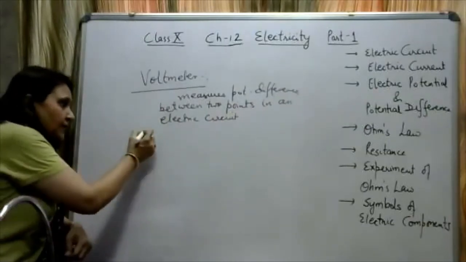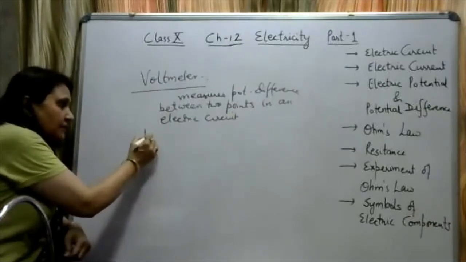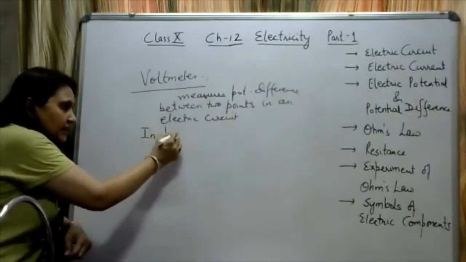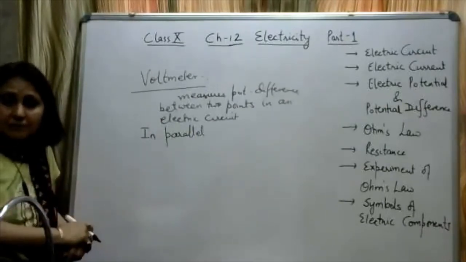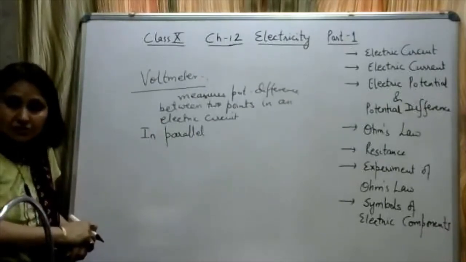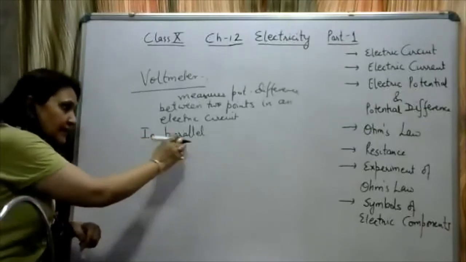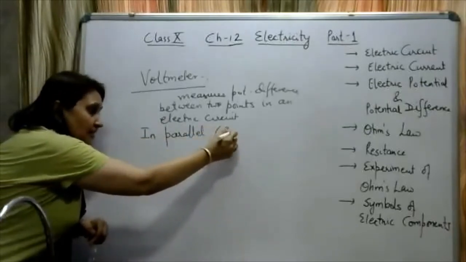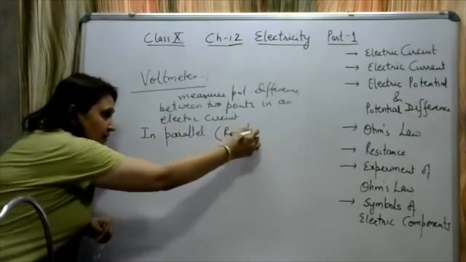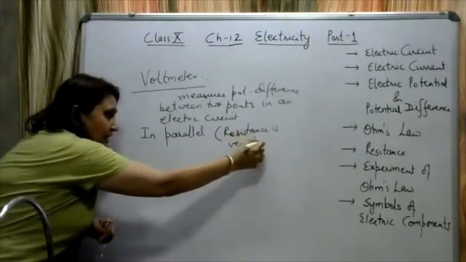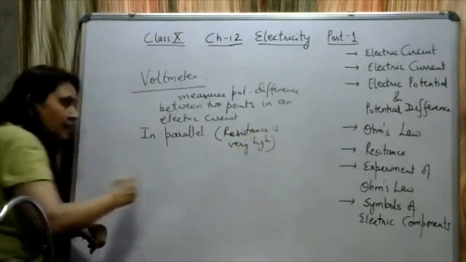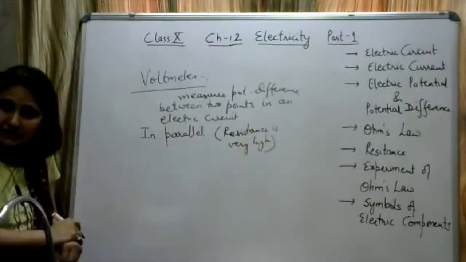It is always connected in parallel, between the points where the potential difference has to be measured. Why? Because its resistance is very high. So that is why it has to be connected in parallel in an electrical circuit.